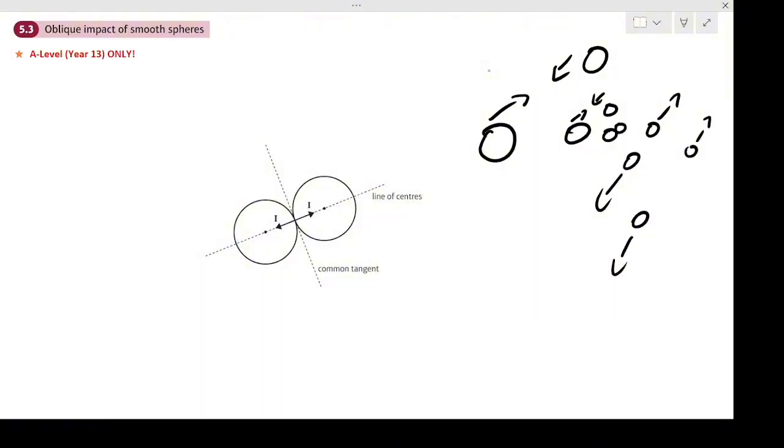At the absolute instant when they do collide and meet each other, that's what we're interested in. That's what this diagram is doing here. Now, when two things meet, the main thing to consider is that when 2 balls or 2 spheres meet, we draw what we call a line of centers.